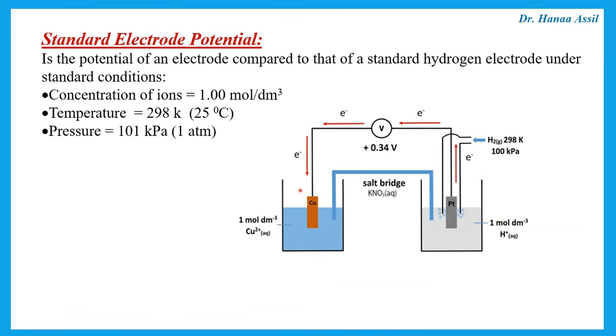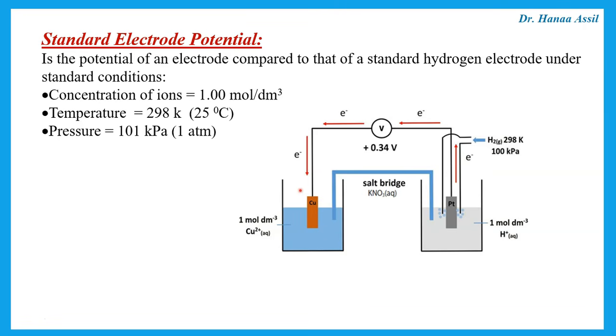For each half cell, we need to determine its standard electrode potential. And you should know that the standard electrode potential is the potential of the half cell, which has a solution and an electrode, compared to the standard hydrogen electrode.